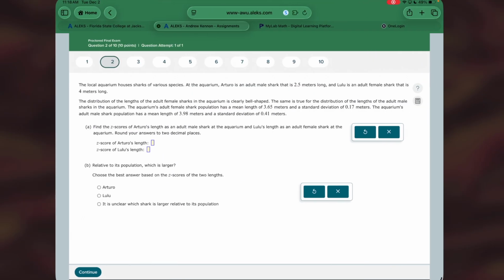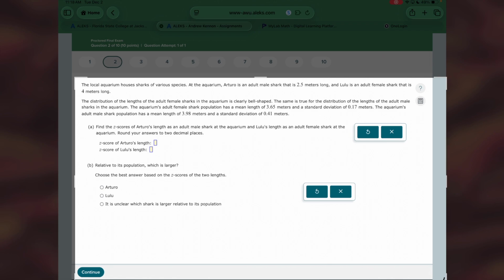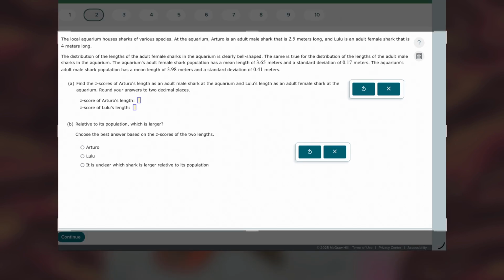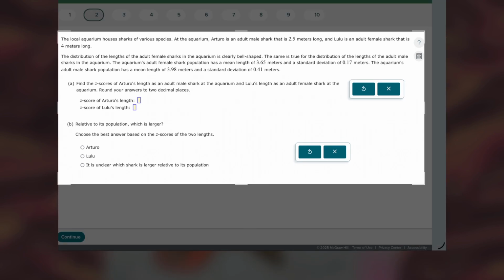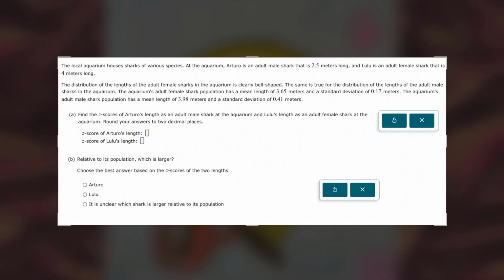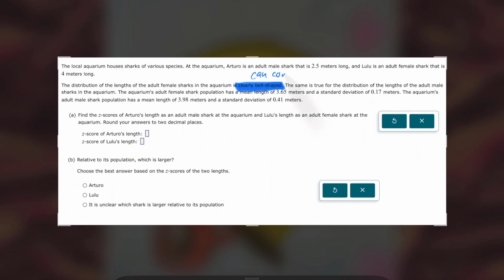The next one is a z-score problem. There is one trick to this one. Okay, the first thing, I just checked this because I know this problem, but this is clearly bell-shaped. This means you can compare z-scores, okay?